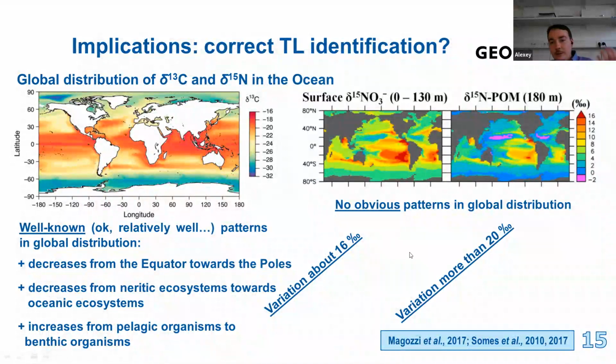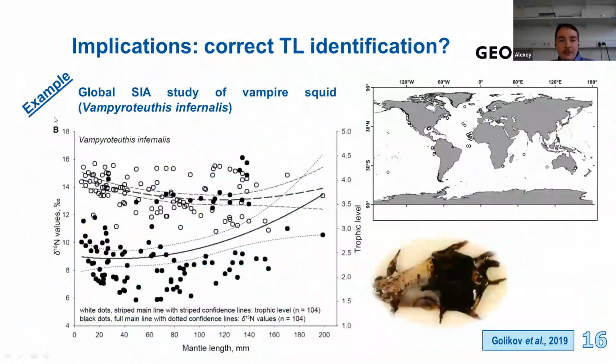And what happens if we take global samples and just compare raw values of nitrogen? Let me exemplify it here. This is one of our past studies with Henkian and other colleagues. It's about a deep sea cephalopod known as the vampire squid.